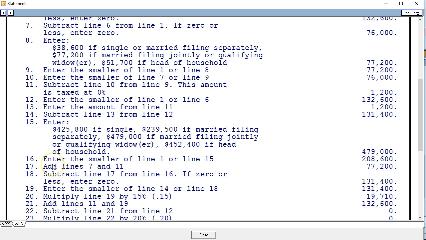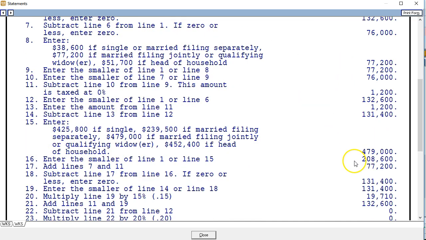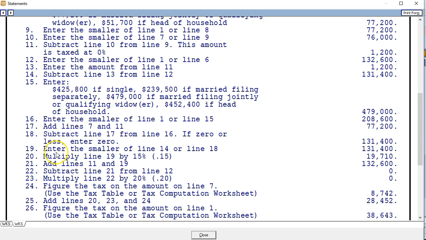And then 16 says enter the smaller of line 1 or line 15. So we have line 1, which of course is this item up top. And then line 17 says add line 7 and line 11. 18, subtract line 17 from line 16. If 0 or less, enter 0. Line 19, enter the smaller of line 14 or line 18.